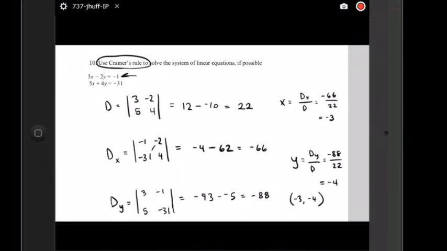So that one, we'd have 3 times -3 minus 2 times -4. So this is -9 plus 8, which is -1. Looks like it checks out.